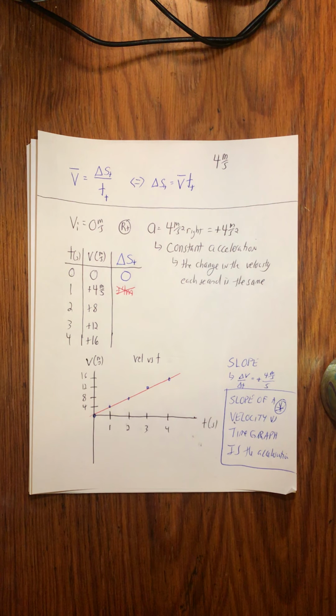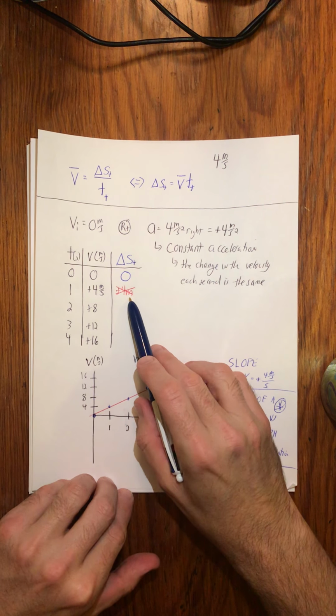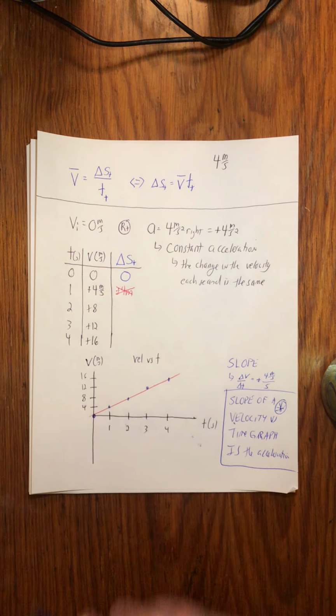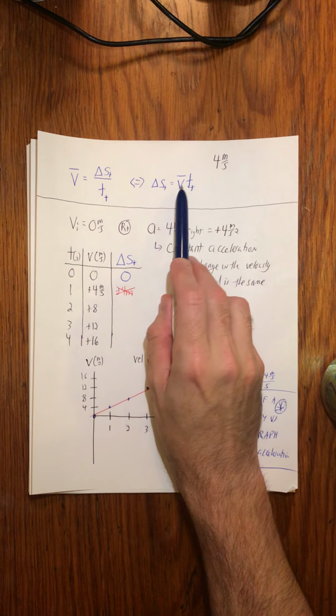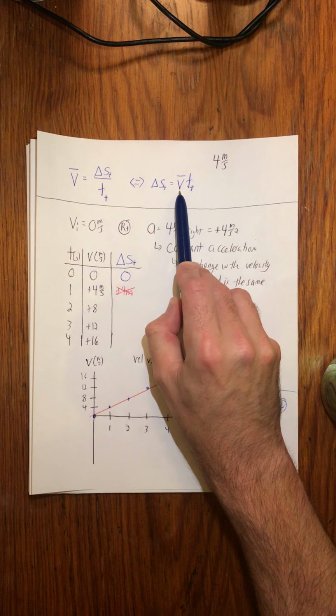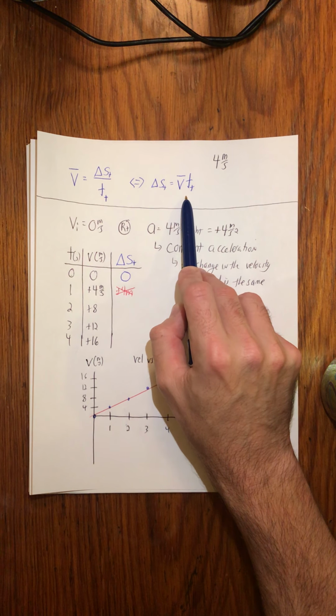So what does that mean? Well, what would need to be true for the object to have traveled 4 meters in that first second? One of two things would have to have been true. One, it was traveling at 4 meters per second the entire second. Or two, it would have to have an average of 4 meters per second for the entire second.